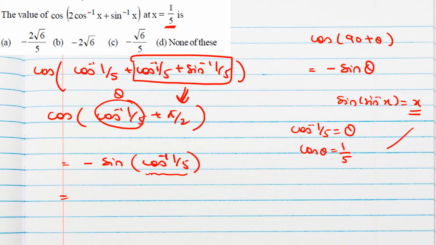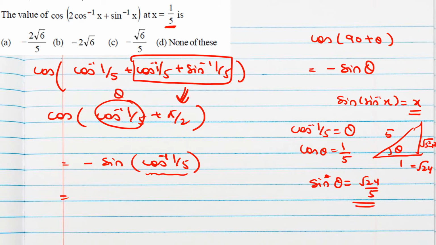So using triangle method, cos theta is 1 by 5 means adjacent upon hypotenuse. So using Pythagoras theorem, we will get this one as 5 square minus 1 square, root 24. So that means sine theta will be root 24 by 5, isn't it?